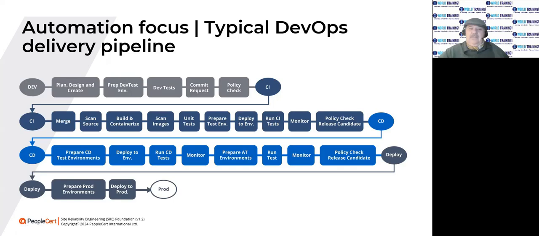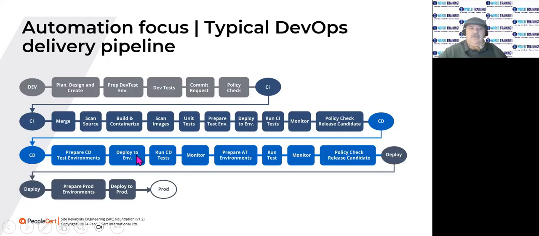The CD picks up the release candidate from the artifact repository and prepares test environments for that. And in the CD phase, there may be many different kinds of test environments: API tests, performance tests, regression tests, system tests, acceptance tests. They may be implemented serially or in parallel.